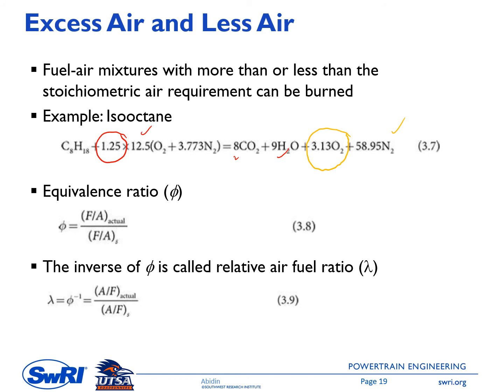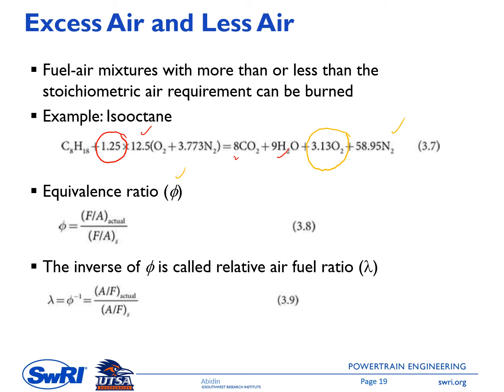There are two parameters actually that can be used to represent how much the deviation of the fuel reaction is from its stoichiometric reaction. First parameter is called equivalence ratio. The letter used to represent equivalence ratio here is the Greek letter phi.